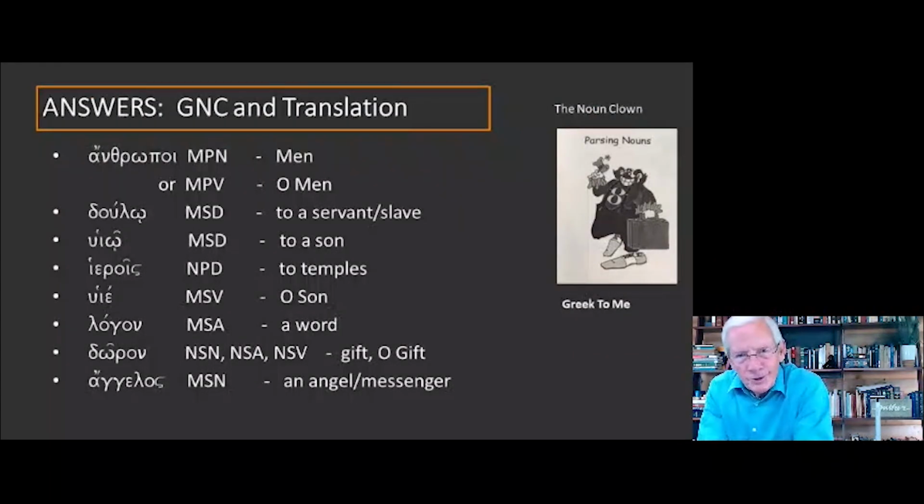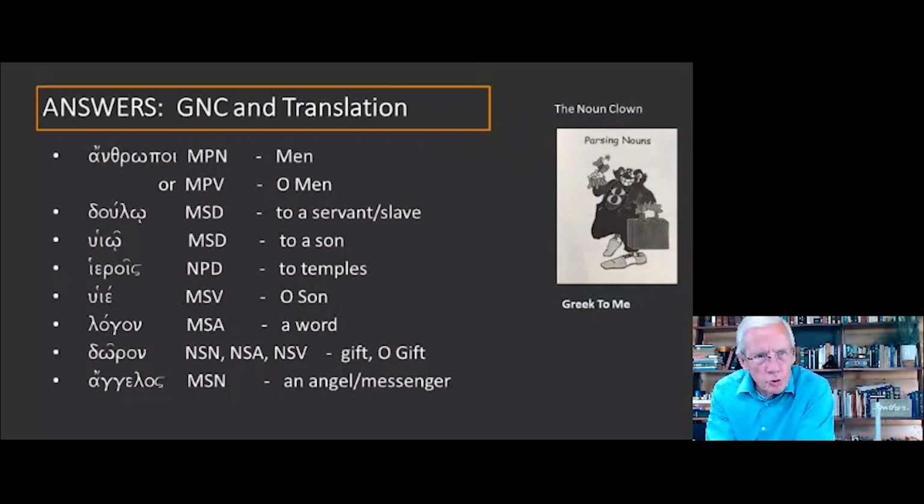Well, how did you do? Well, here are the answers. Anthropoi, that can either be masculine plural nominative or masculine plural vocative. The nominative would simply be men, and O men, you don't always need to have the O there, but that's the case of direct address.